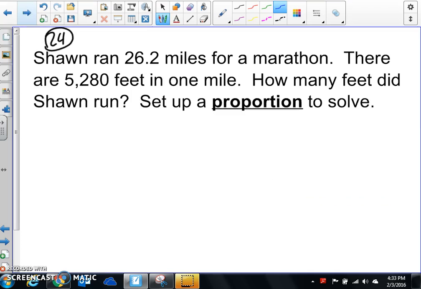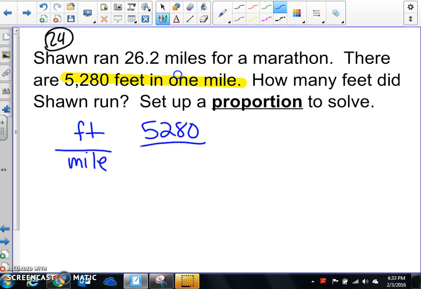Sean ran 26.2 miles for a marathon. Here we go, this is our scale. So first of all, we need to set up our proportions. So feet over miles. So if I start at the first one, 5,280 feet for 1 mile. And then they tell me 26.2 miles.